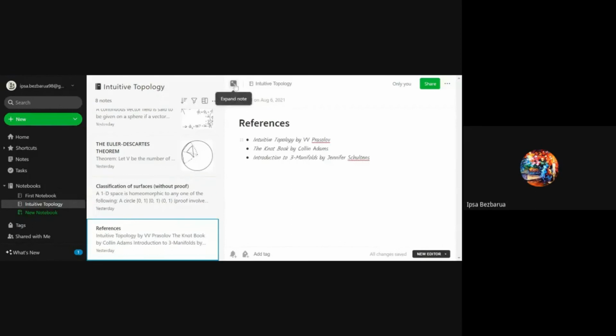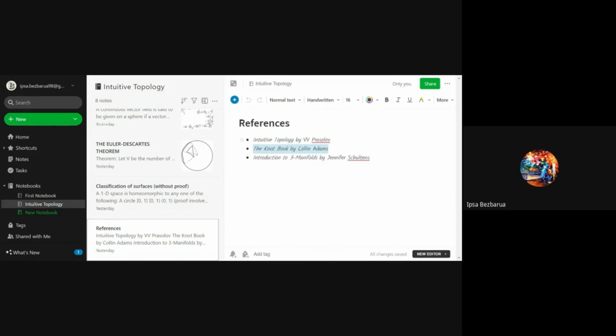And here are some references. So this is the main reference, Intuitive Topology by V.V. Prasolov. And this is the one from which the bulk of the talk, except the concept of tri-colorability, comes from.